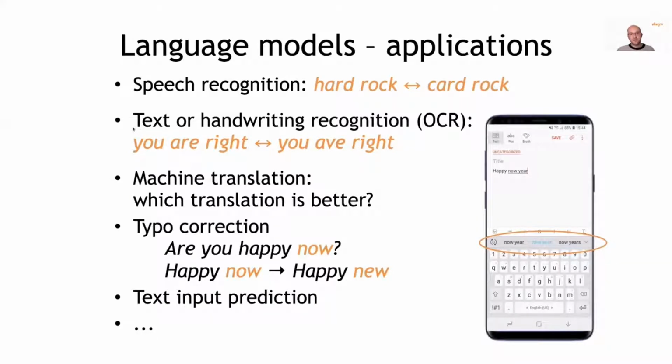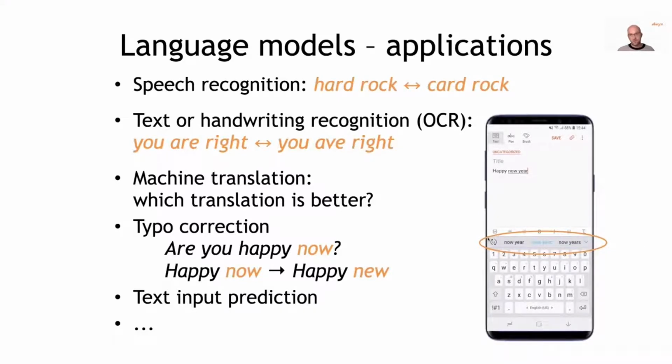The language models are useful in text or handwriting recognition, where you have some words which are maybe typed similarly, like here, and in machine translation to choose which translation is better, or maybe also in text generation using some algorithm. And what I said in typo correction, in text input prediction, these are the applications we are mostly interested in today.